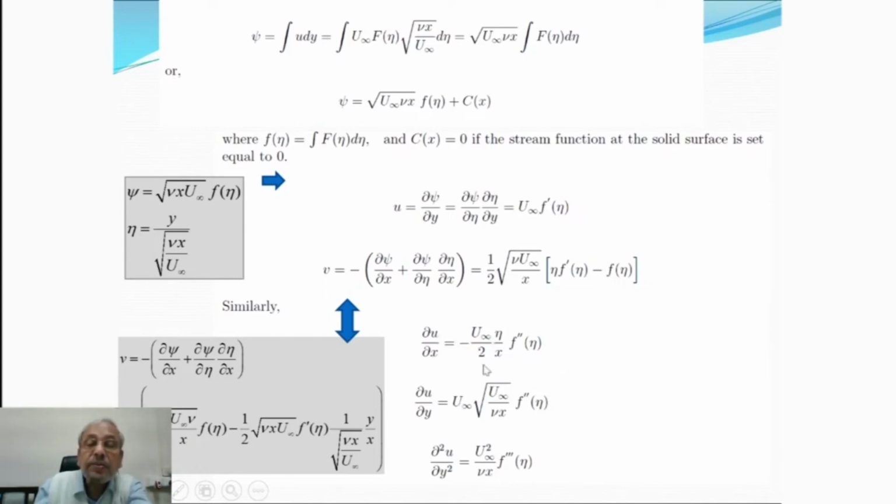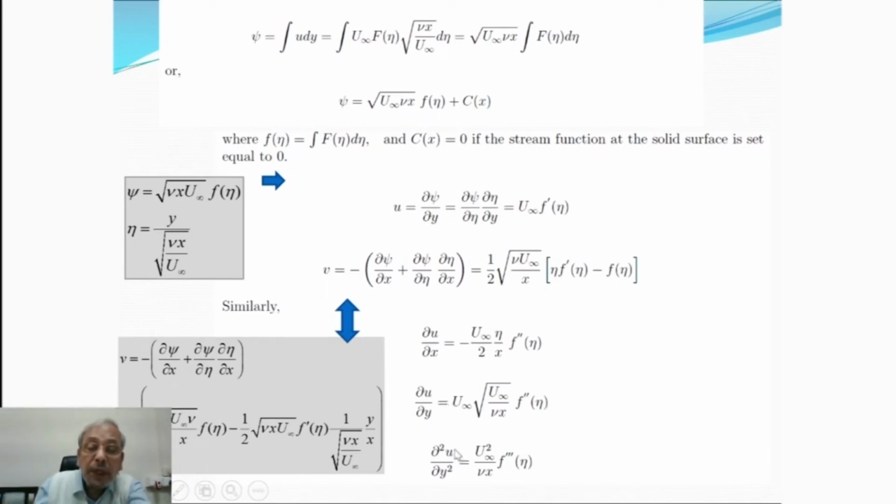If we substitute term by term, we will get minus u infinity by 2 eta by x f double prime eta. Del u del y we can straightforward write from here: u infinity into f double prime eta, then del eta del y. So basically u infinity into root over u infinity by nu x into f double prime eta.